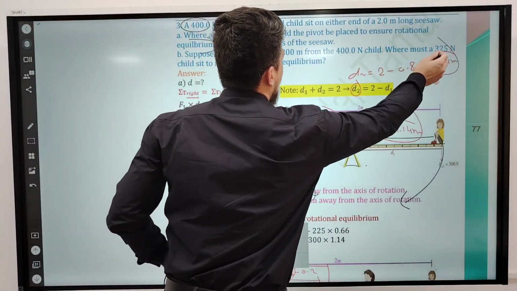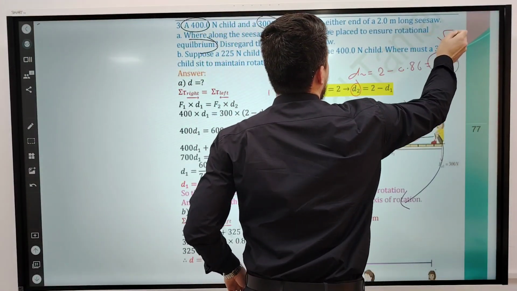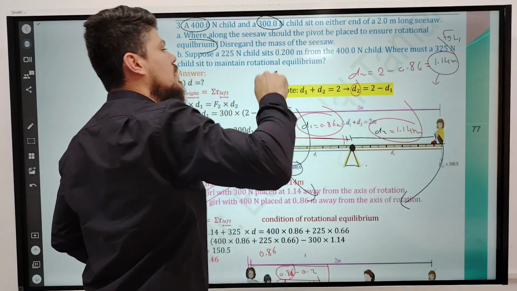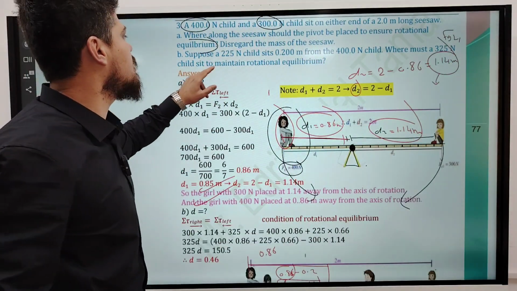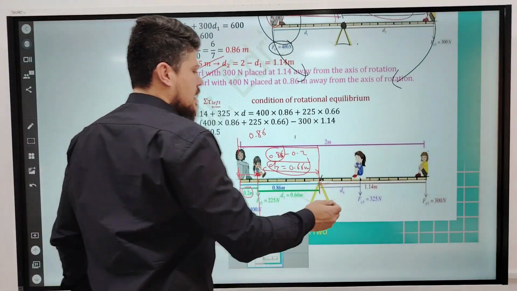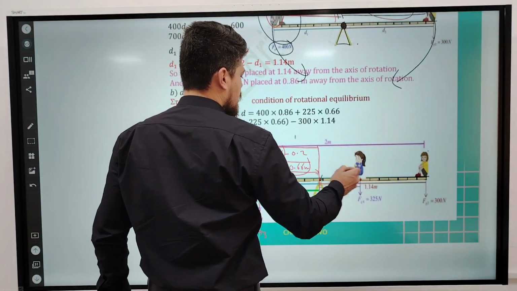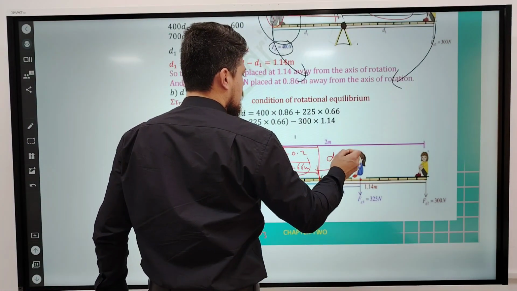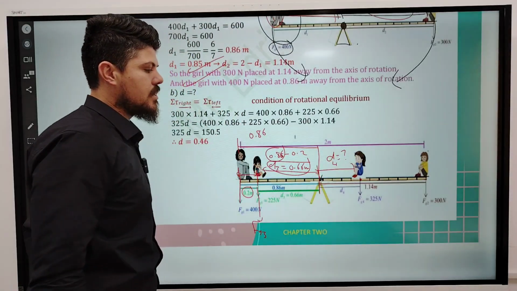So the question says, where must a 325, this is Fg4, 325 Newton child sit to maintain rotational equilibrium? The fourth child should be placed here, but I don't know at which distance. D4 is unknown.